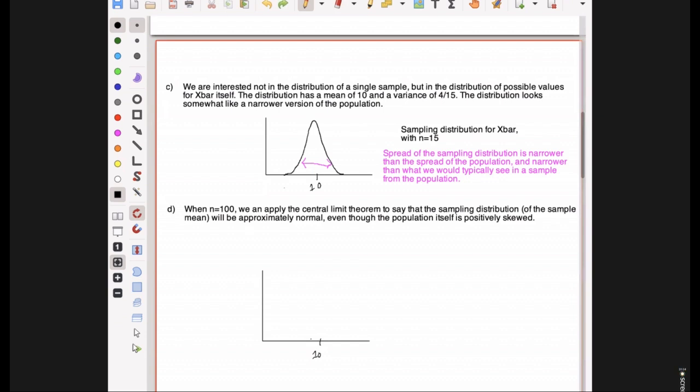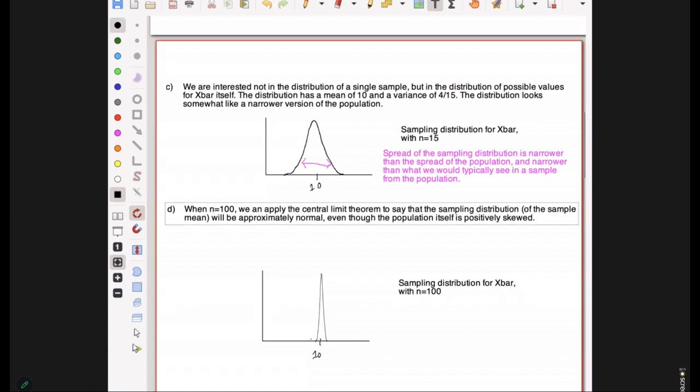I said this one had left skew, I'm just going to take this and squish it. That's approximately symmetric for this purpose. But we'll have that very narrow normal distribution for the distribution of the sample mean from samples of size now 100.